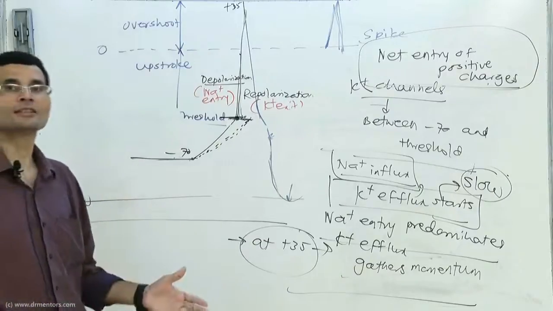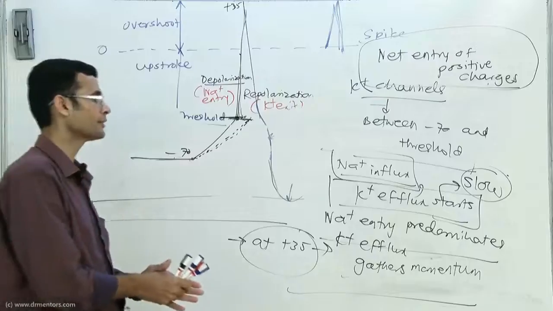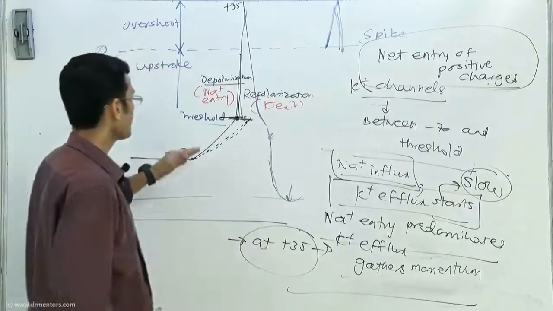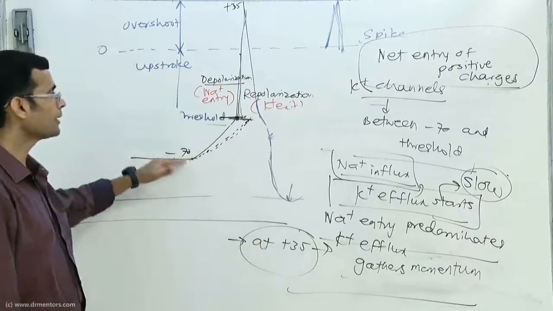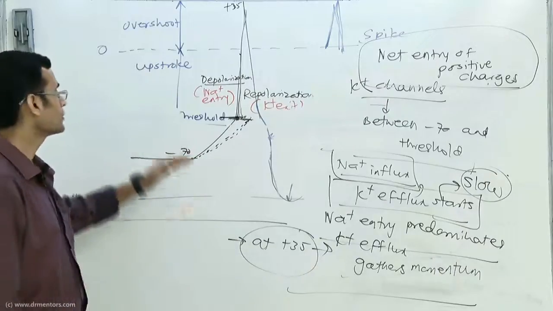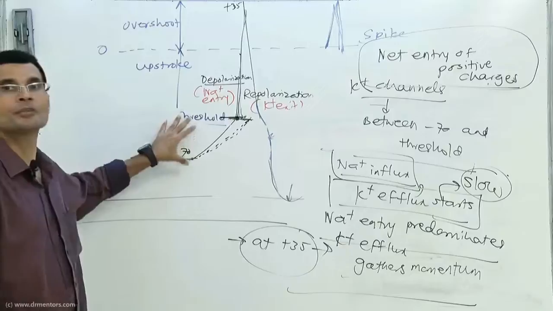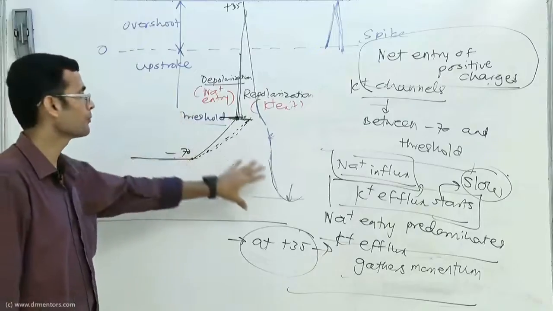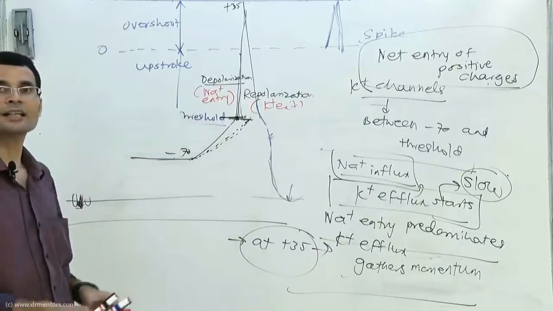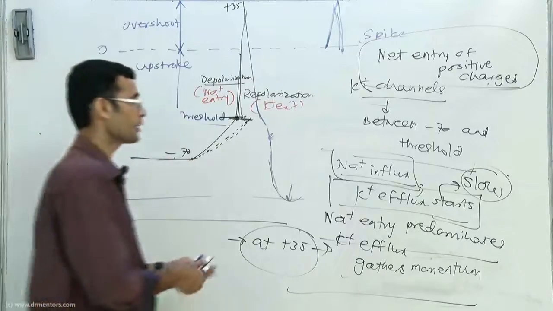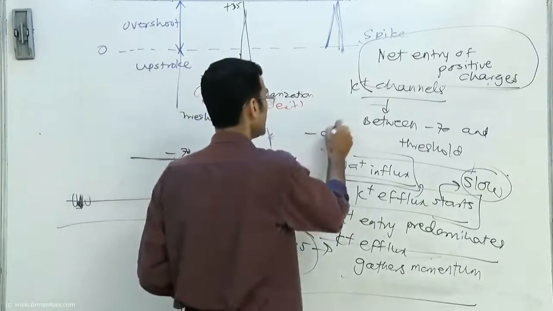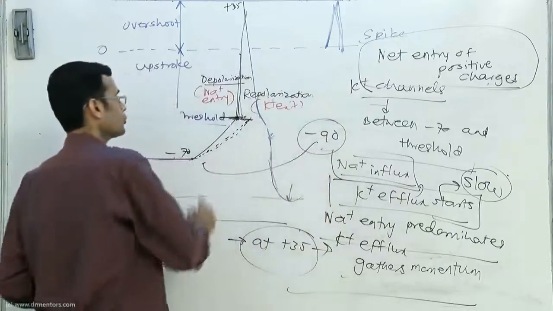We have already answered this question, but once again we will answer it. At minus 70, if the potassium is allowed to go out, potassium exit will be slow, because minus 70 is very close to minus 90. That's the equilibrium potential for potassium. Equilibrium potential for potassium is minus 90, and that's very close to minus 70.